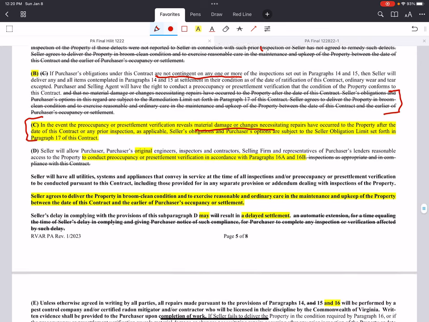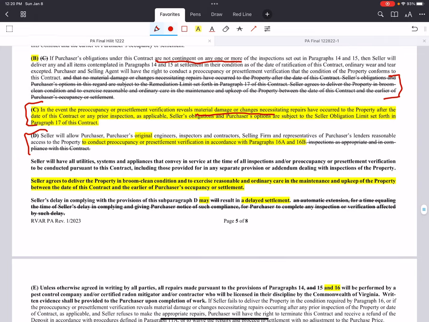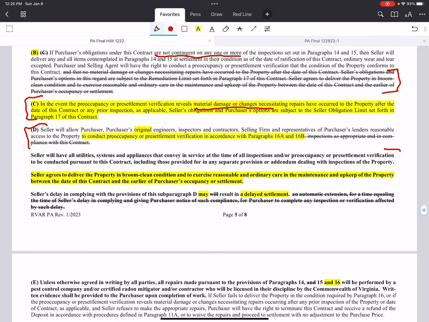This paragraph 16D talks about access for not only the engineers and inspectors, but also folks that are authorized to be there for the pre-settlement verification. We talked again about having all the utilities in place for this verification, and then the condition of the property that the seller is obligated to deliver in a broom clean condition.